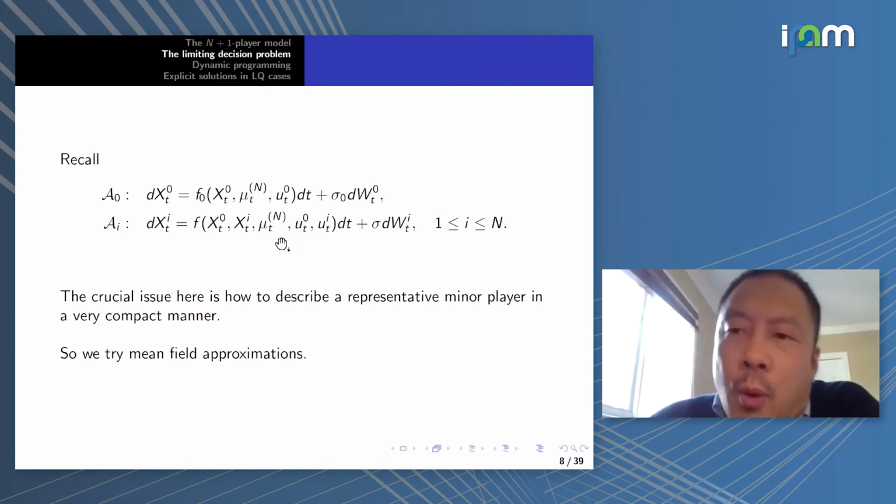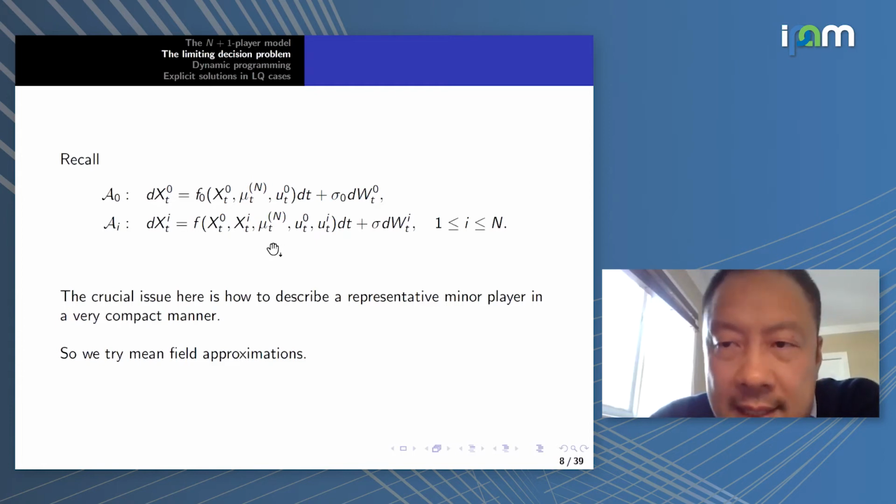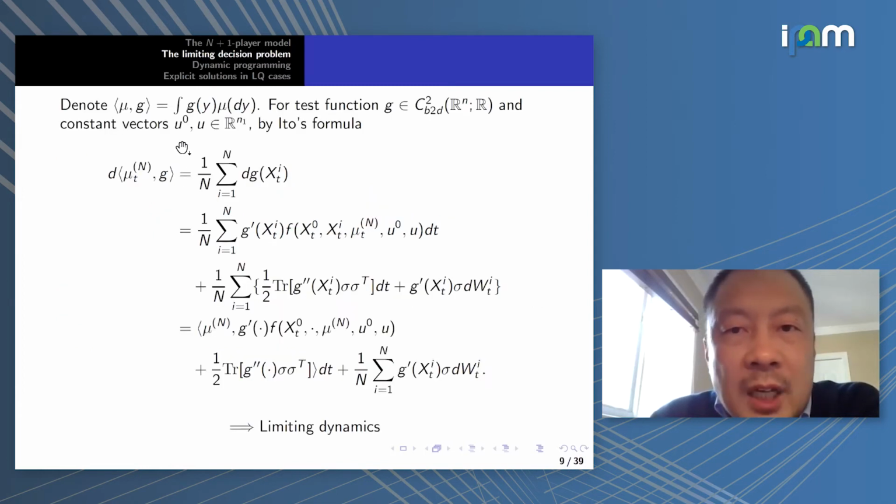So let's check the basic idea to proceed. This idea here is not new for major-minor player models. It's already widely used in the literature, but it's good to warm up.